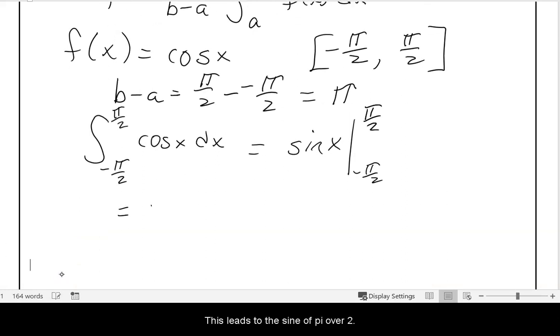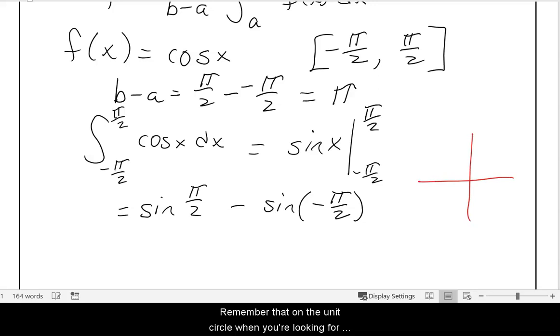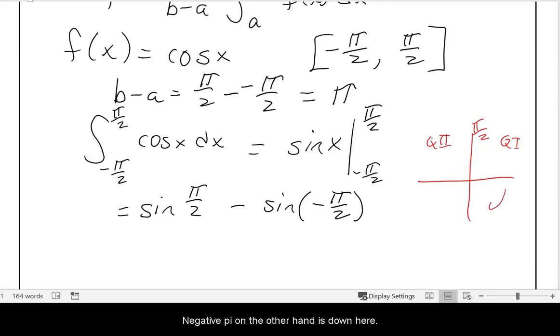This leads to the sine of π/2 minus the sine of a -π/2. Remember that on the unit circle, when you're looking for π/2, that's up here at the top between quadrants 1 and quadrants 2. Negative pi, on the other hand, is down here.